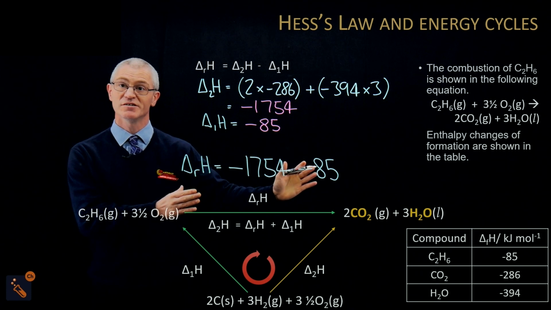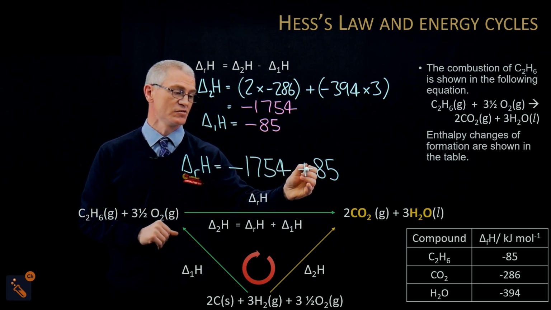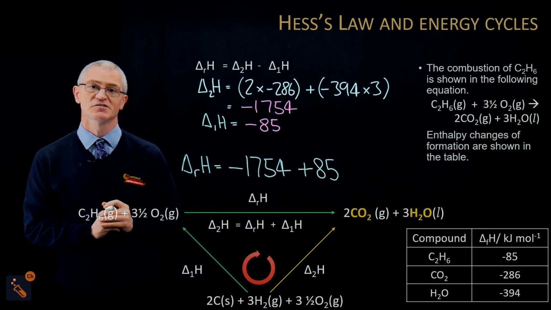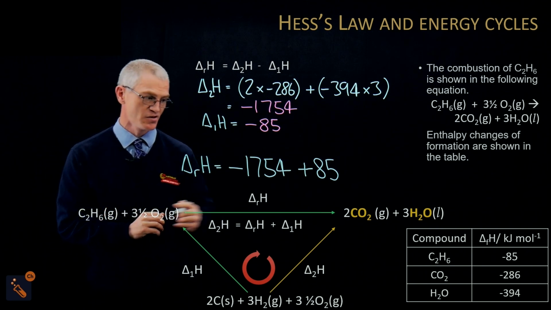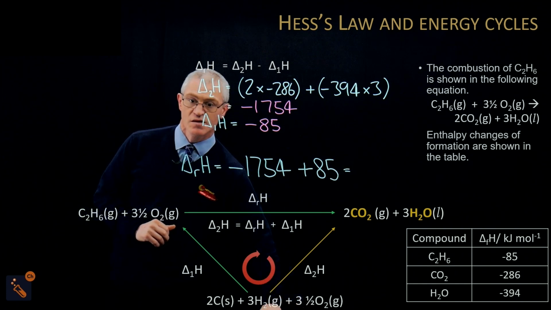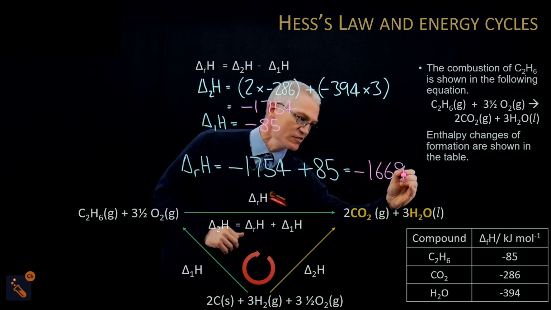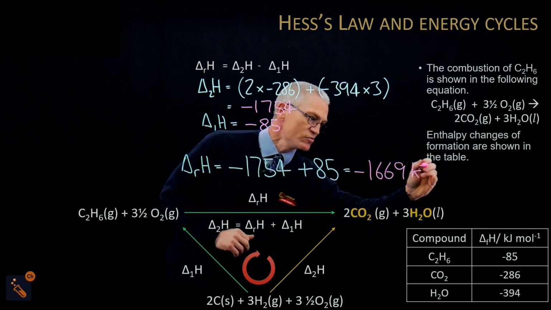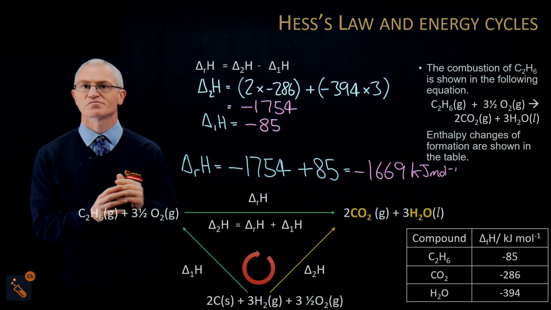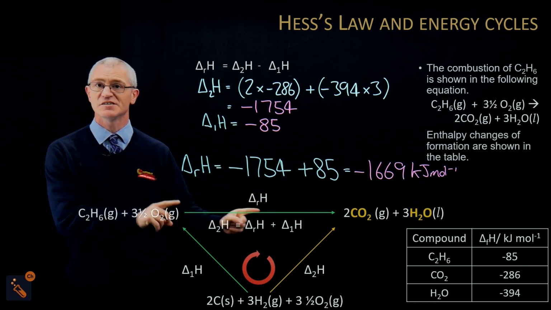Now a minus, minus, hopefully if you've done your maths, is a plus. So that means plus 85. Which means overall, that will be equal to minus 1669 kilojoules per mole. Okay, and that's our delta RH.